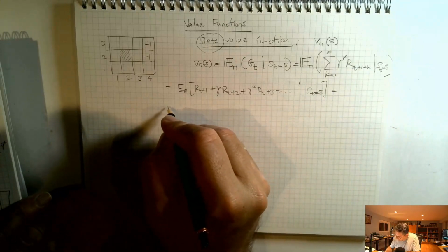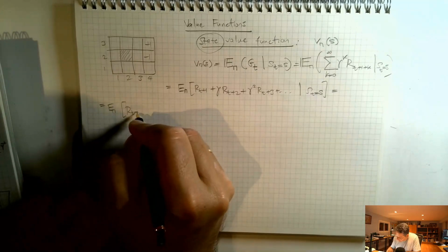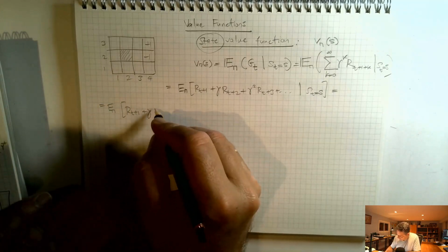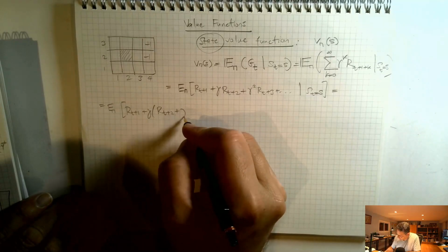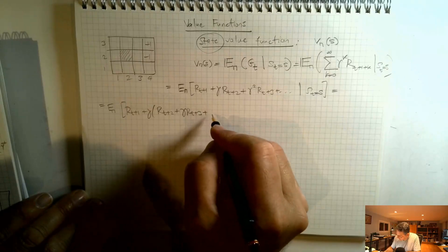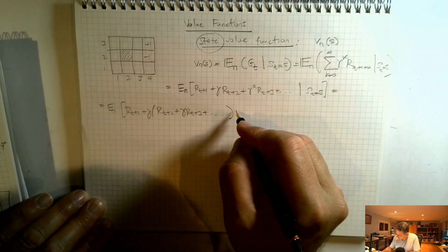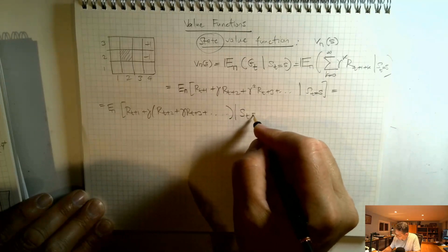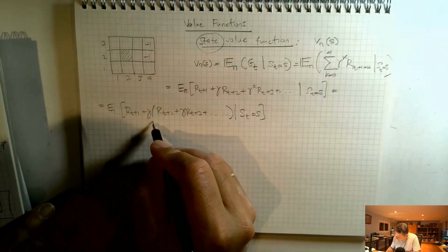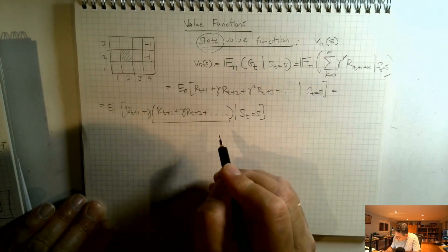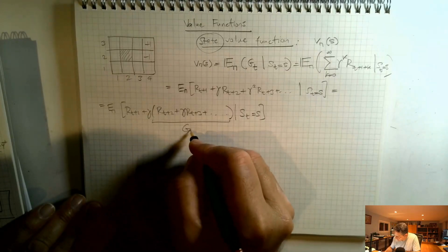And we can write this as the expectation over pi of r t plus 1 plus gamma times (r t plus 2 plus gamma r t plus 3 plus and so on), given s t equals s. What we can see here is effectively the return G t plus 1.